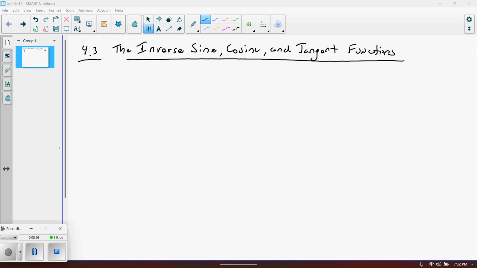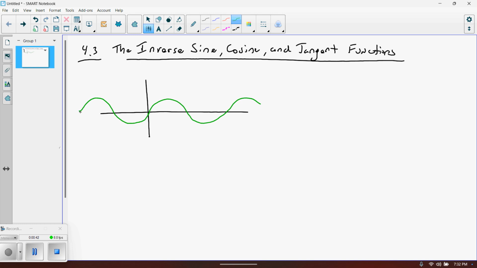So let's first of all talk about the general graphs, and I have to assume that we're pretty okay with them by now. But the sine function looks something like this, and then, of course, it continues on in both directions. If you remember, in order for something to have an inverse that's also a function, it's got to pass not only the vertical line test, but the horizontal line test.